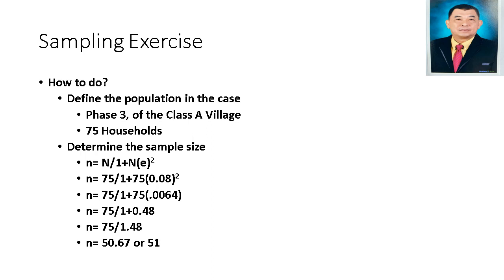So using Slovin's formula, our capital N is 75. And our margin of error is set at 8%, so that will be 0.08. First, we square this, which gives us 0.0064. And then we multiply 75 by 0.0064, which gives us 0.48.